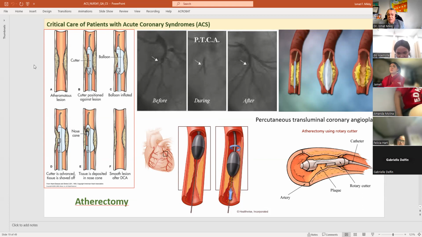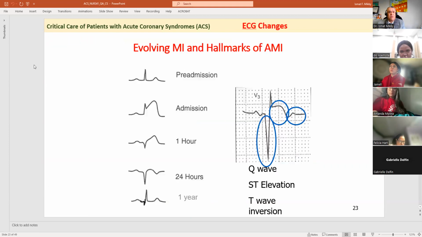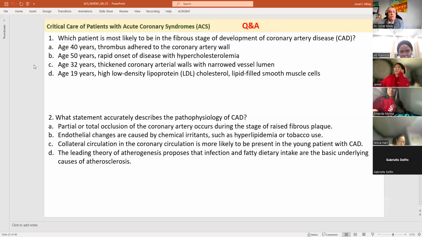Most of the cardiac PCI, coronary or cardiac interventions, will be covered in Adult 3, including the laser technology, balloon angioplasty, the CABG, and other techniques. I included the slides just to show you the different types of cardiac interventions that you will cover next semester in the fall.